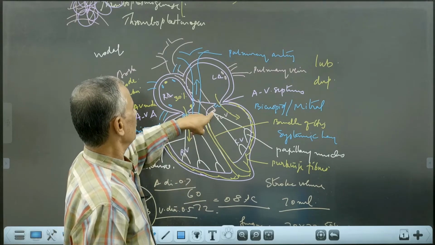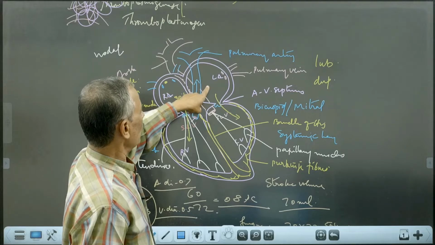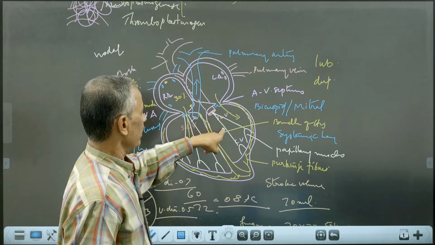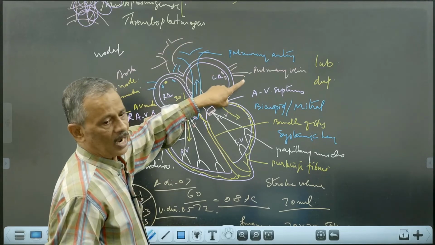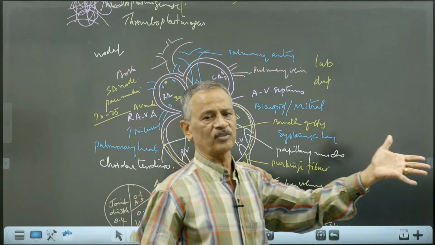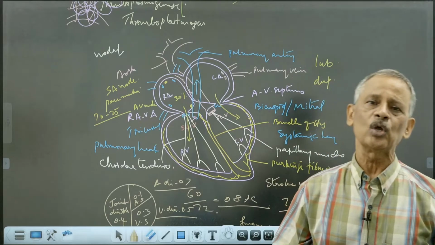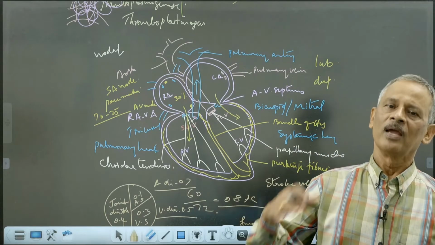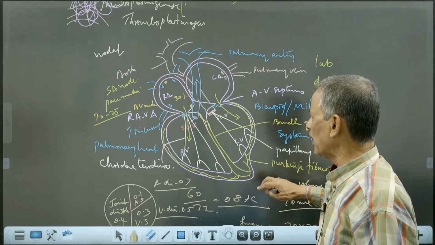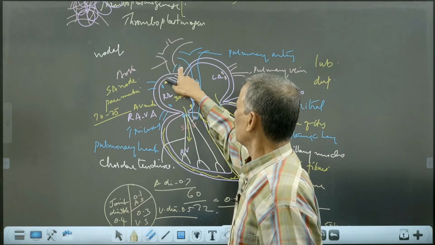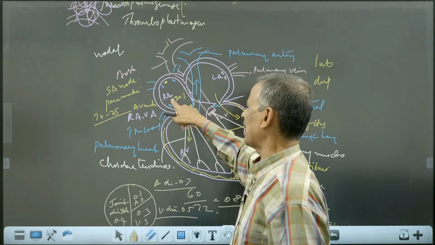Whereas in the second circulation, the pure blood from the left atrium now enters the left ventricle, passes through the aorta and reaches different systems of the body. All systems are supplied with oxygenated blood. That blood becomes deoxygenated or impure, and through the three vena cavae, it reaches the right atrium.